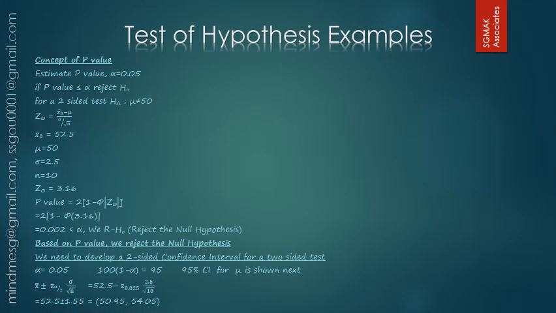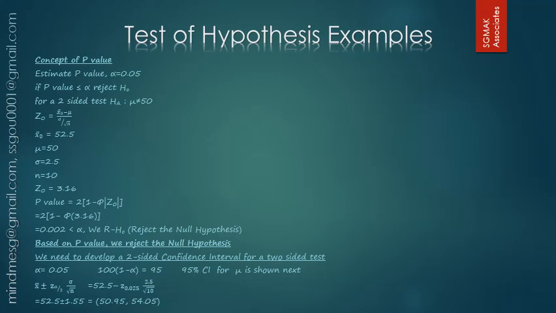So moving on. We looked at the test based on an acceptance region. If you look at the concept of p-value, the p-value for a two-sided test is given by this expression: 2 times 1 minus phi of z observed. Z0, with suffix 0, you're converting the observed sample average to the corresponding z-score.